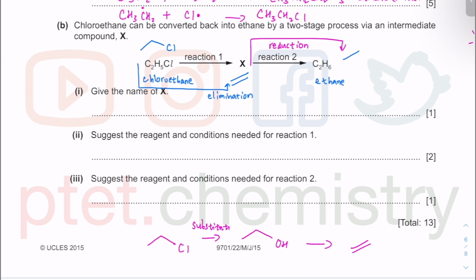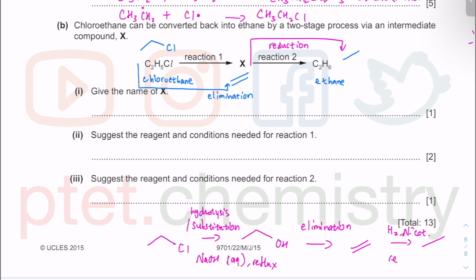This is hydrolysis or substitution, and this one is done in NaOH, aqueous, so that means it's not in ethanol, and then you have to reflux that, and then you minus H2O, that is your elimination of H2O, and that will give you back your alkene, and only then you can get the alkane by doing H2 and nickel catalyst. There will be your reduction step there.